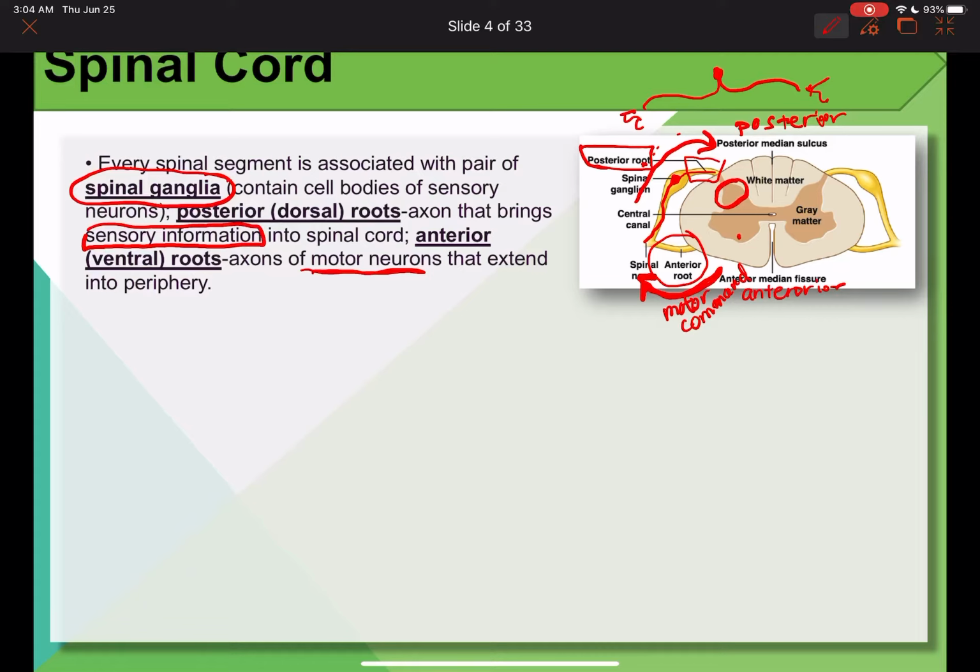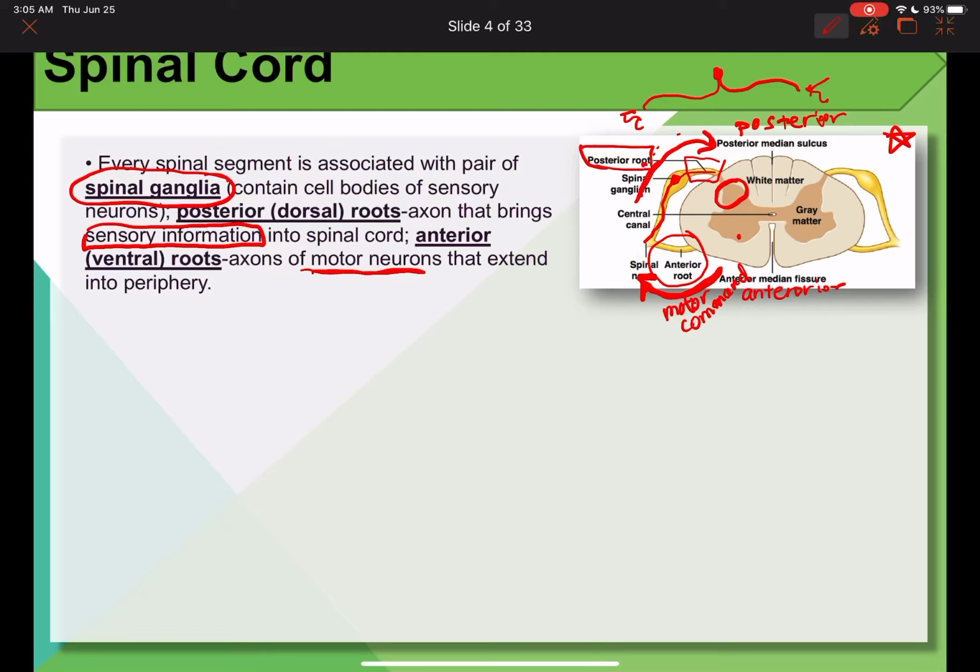So maybe you can start a little drawing of your own where you draw the spinal cord just like this, really big, and then start adding stuff to it as I'm talking about it, so you can have one diagram that summarizes the entire process that occurs within the spinal cord and what goes where. So again, this is talking about motor commands going through the anterior root from the spinal cord to the periphery.